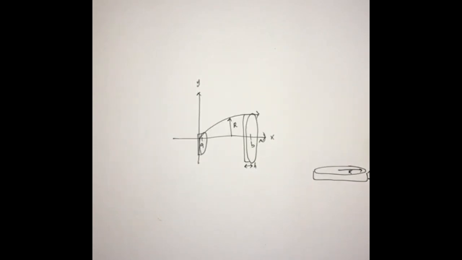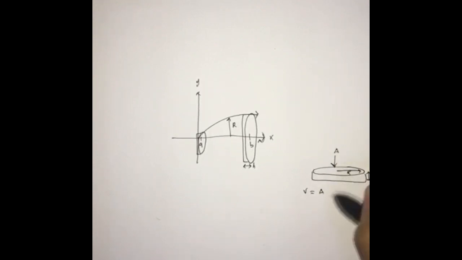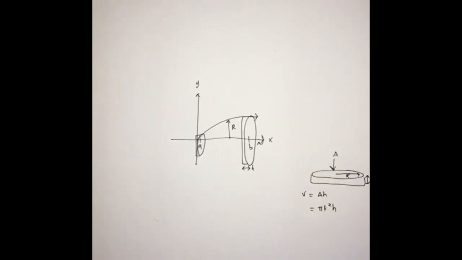So to find the volume, we must know the volume of the cylinder. How to find the volume of cylinder? V equal to the surface area A times height. So the surface area is actually pi r squared times height.